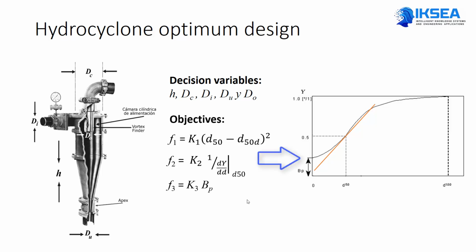Finally, there is a function that simply measures the water bypass to reduce it as much as possible. This technique has reduced the values of the objective functions that were achieved manually in the order of 10 to the fourth to 10 squared. Thus, we have designed a much more efficient device.